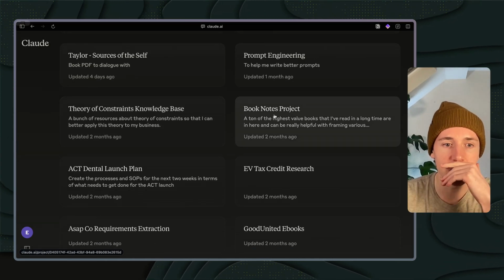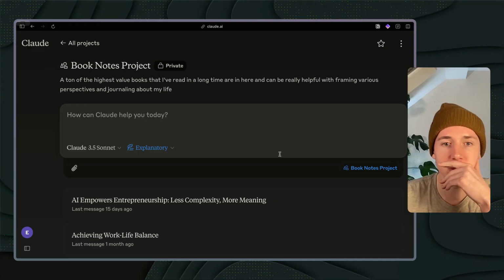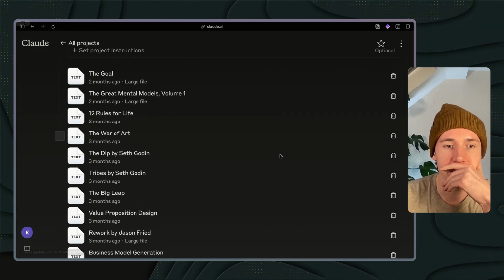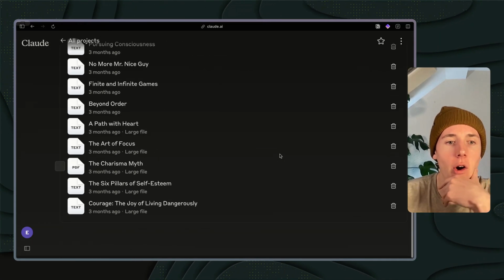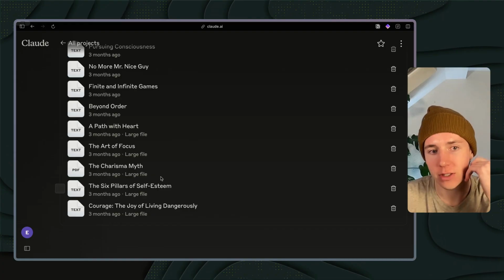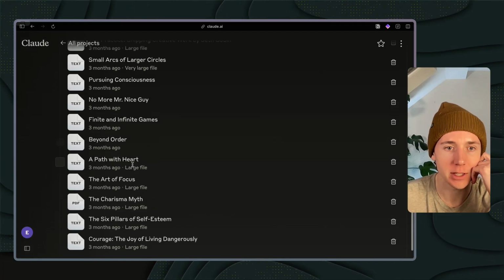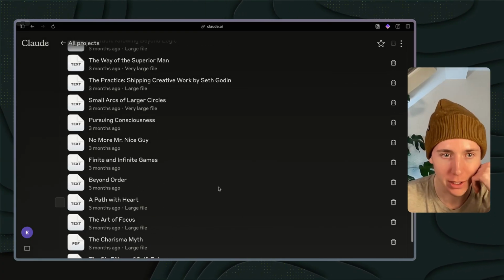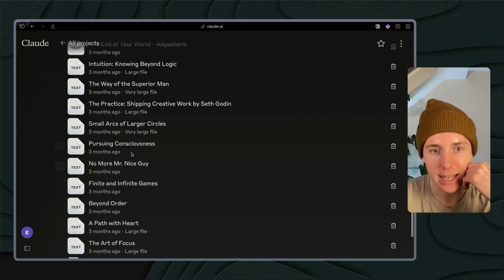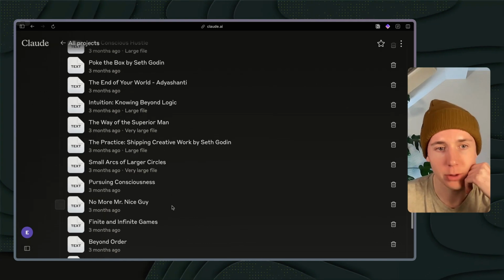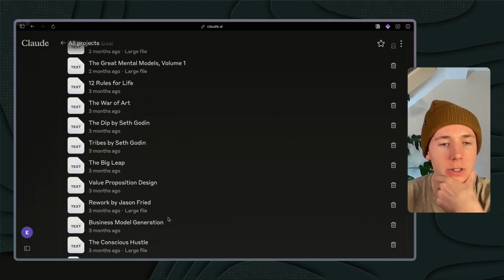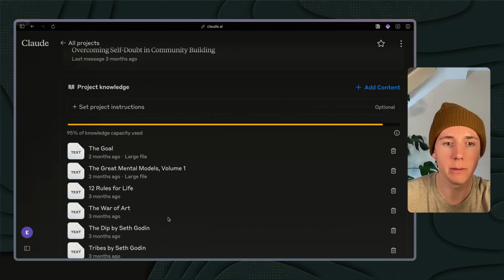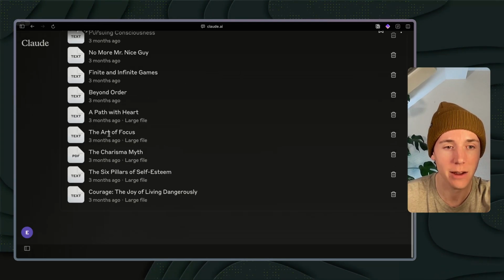And I want to actually show you what's called a book notes project. Essentially what I did here is I added in all of these books that I've read: Six Pillars of Self-Esteem, The Charisma Myth, The Art of Focus, The Path with Heart, Beyond Order by Jordan Peterson, Finite and Infinite Games, No More Mr. Nice Guy, Pursuing Consciousness by Peter Rawson. You can see here's a bunch of the books that I've read. This was at 95%.